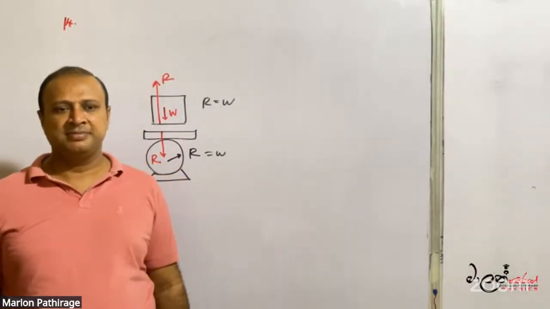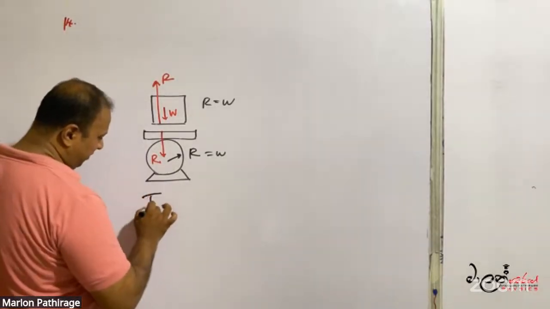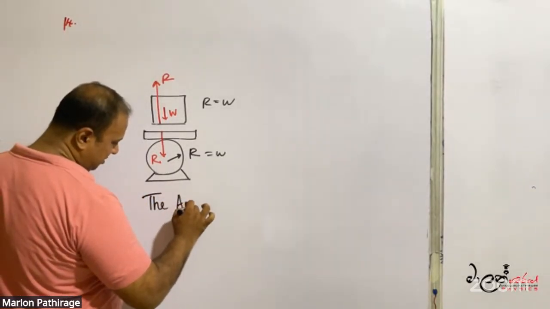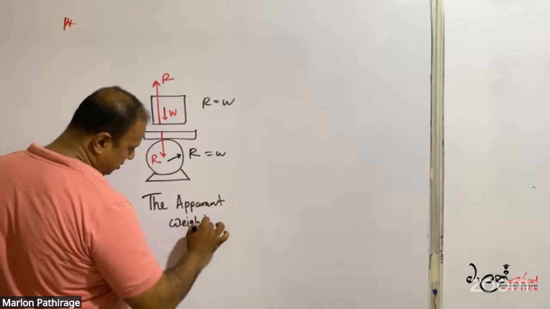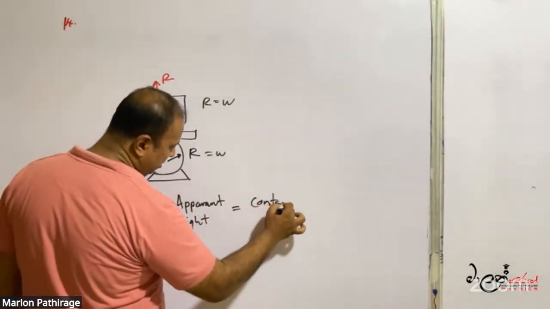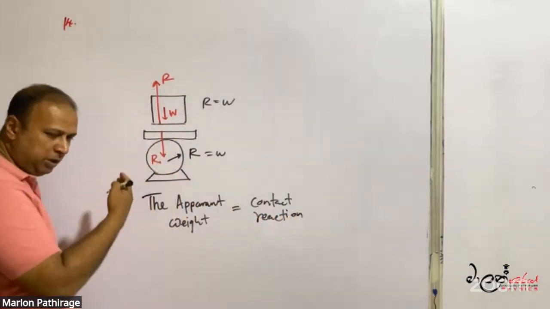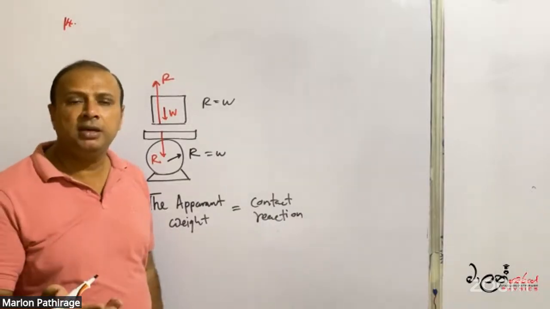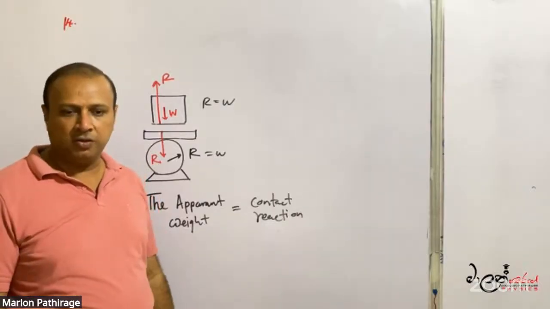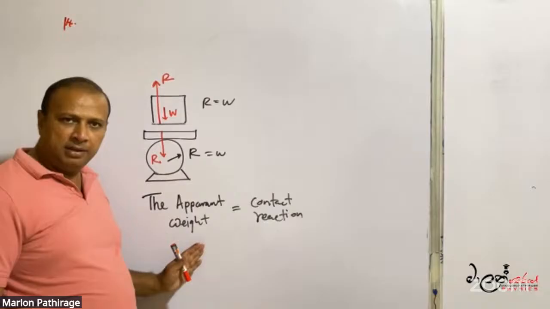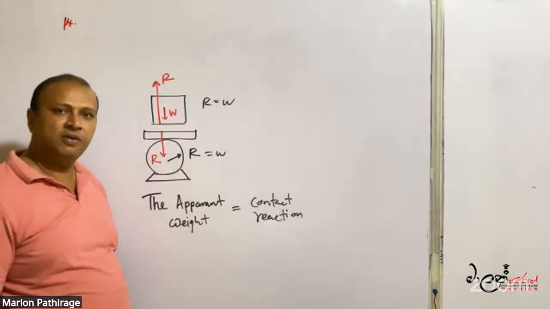Therefore, the apparent weight should be equal to the contact reaction. A contact reaction may be a perpendicular reaction like this, or it may be a tension force. A tension force is also a contact force. Therefore, an apparent weight should be a contact reaction or contact force.